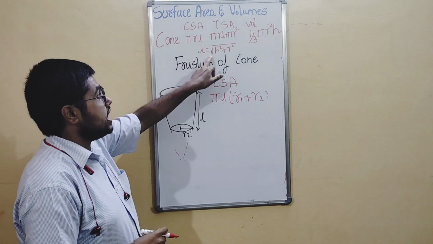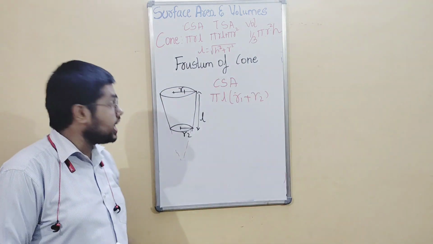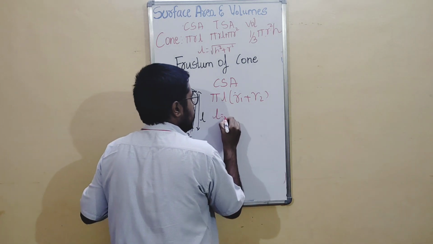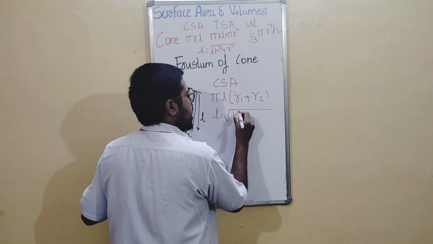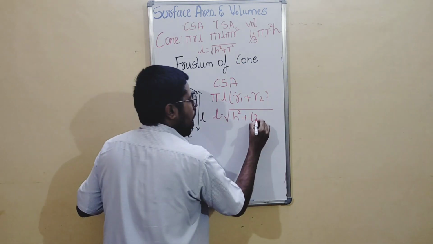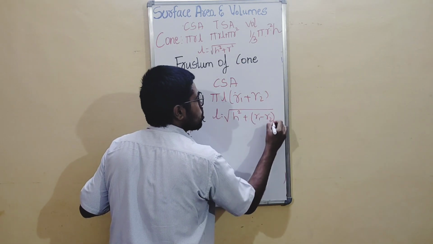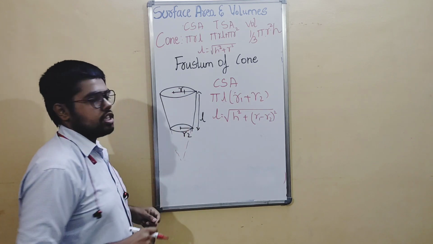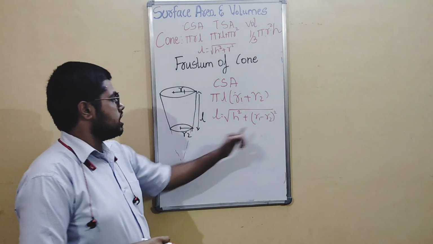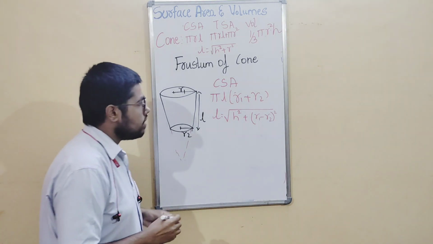And what is L? For the cone, L was the square root of h square plus r square, but here there are two radii. So L is the square root of h square plus (r1 minus r2) square, the bigger one minus the smaller one. This is the curved surface area.